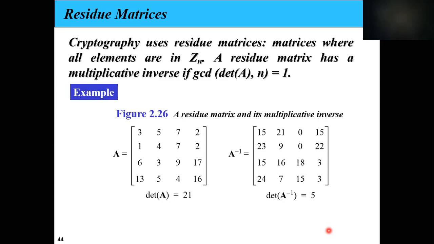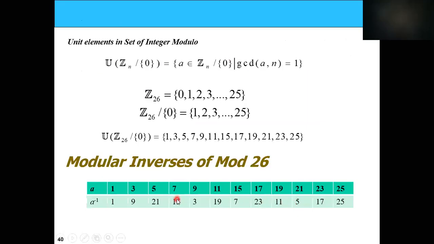A residue matrix has a multiplicative inverse if the GCD of the determinant of A with n is 1. If you look over here, the determinant of this matrix whose elements are from Z26 is 21. The inverse of 21 mod 26 is 5, and the inverse of 5 under mod 26 is 21.